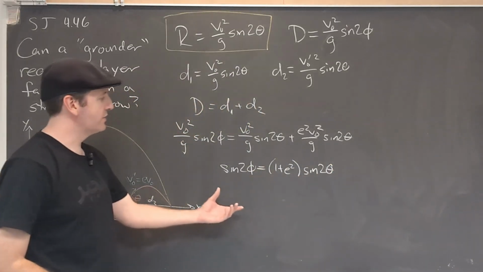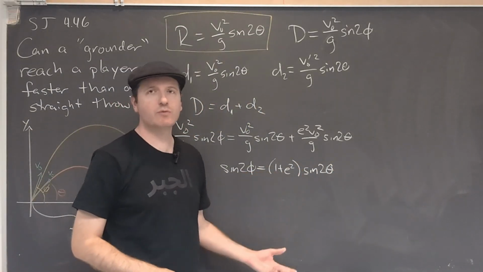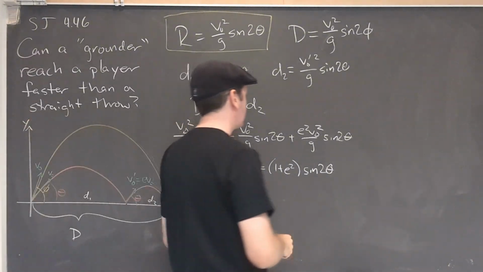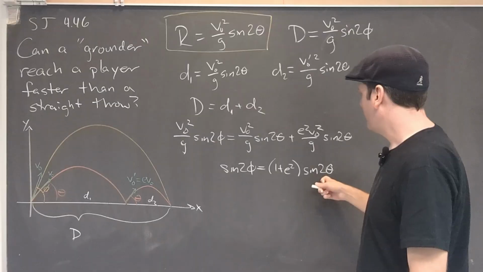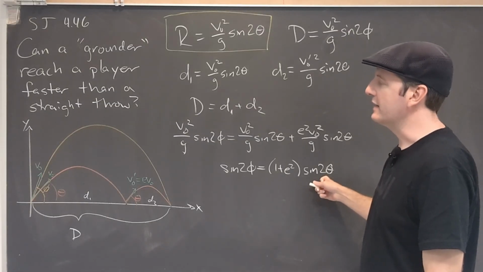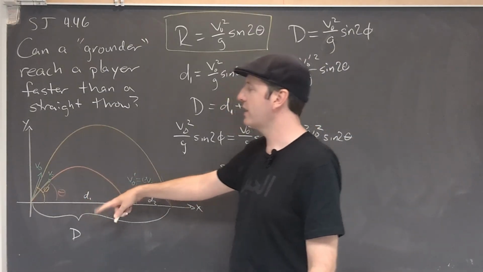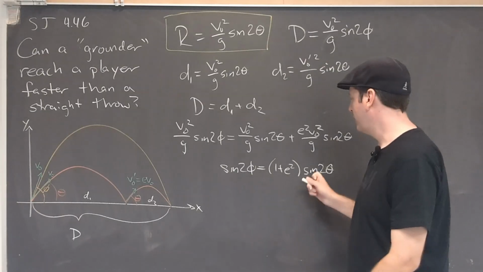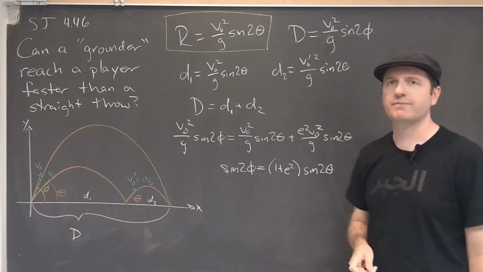Okay, so here's our result that tells us how these angles have to be related in order for it to actually cover the same distance. In other words, if we wanted to solve for theta, the angle at which you'd have to throw compared to your regular no bounce throw, we could do some inverse sine function.